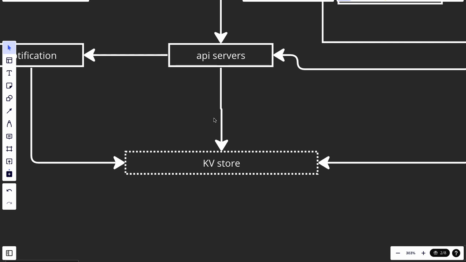SQL databases are relational databases, which means they store data in tables with predefined relationships between them. These databases are widely used for various applications, ranging from small scale projects to large enterprise systems.